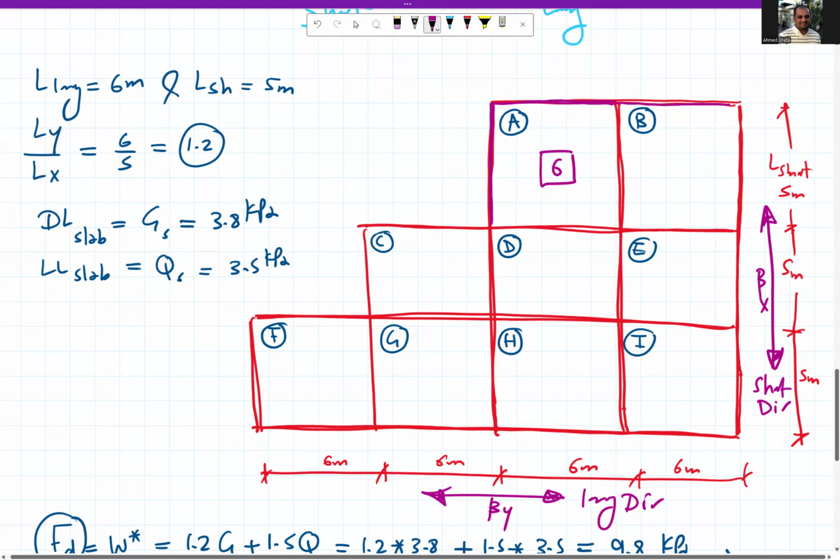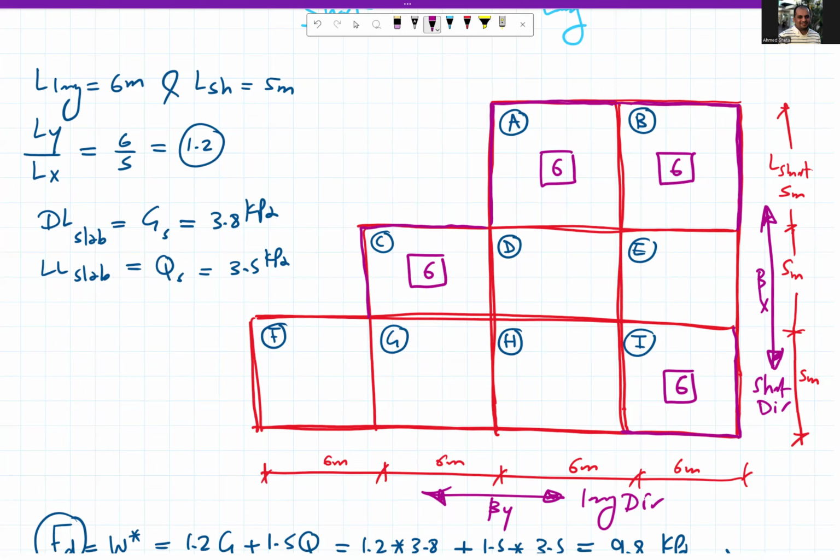Also B is number 6 because it has 2 discontinuous edges. C also has 2 discontinuous edges. Also here, I has 2 discontinuous edges, so number 6. So actually 6 is if the slab is on a corner, it is considered as two discontinuous edges.